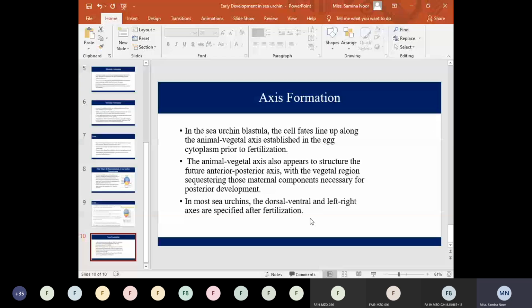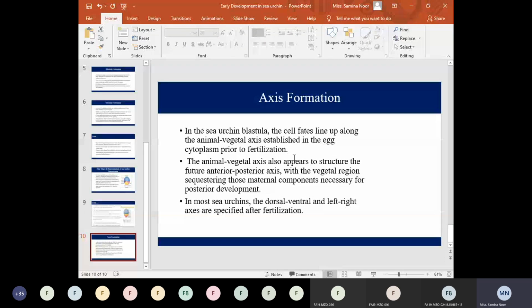So next is another important event during early development, known as axis formation. Various kinds of axes are formed: the anterior-posterior axis, the dorsoventral axis, or the lateral axis. So in the sea urchin blastula, the cell fates line up along the animal-vegetal axis established in the ectoplasm prior to fertilization.